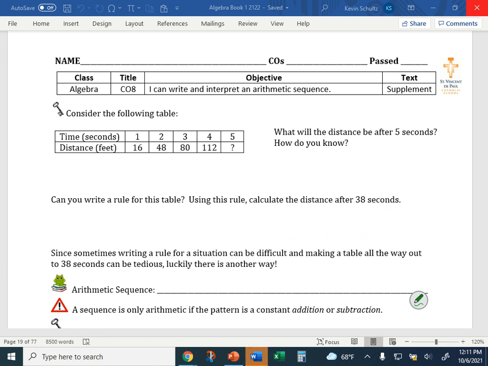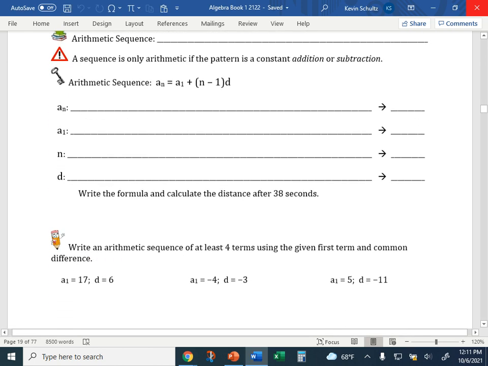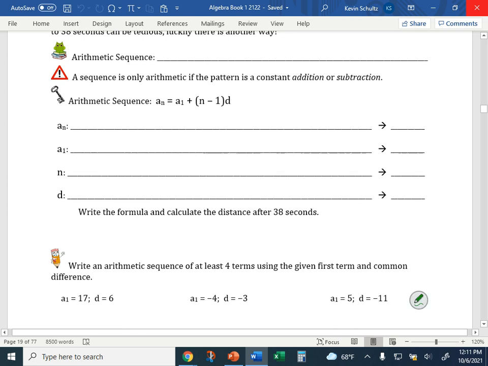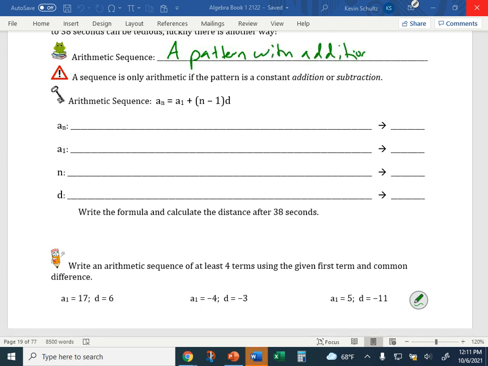But for those of you that weren't quite sure what to do or how to go about this, we have what's called an arithmetic sequence, okay? Which is what this is, because the definition of an arithmetic sequence is a pattern with addition or subtraction, which is what this was, right?